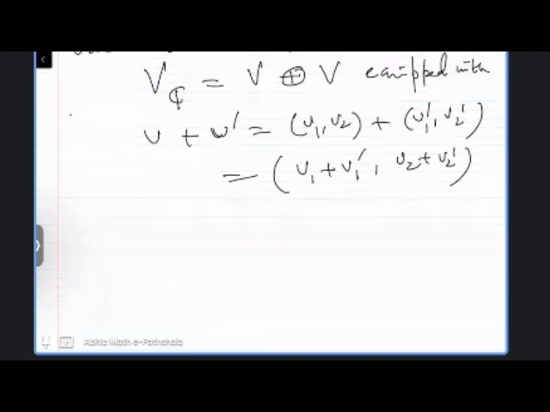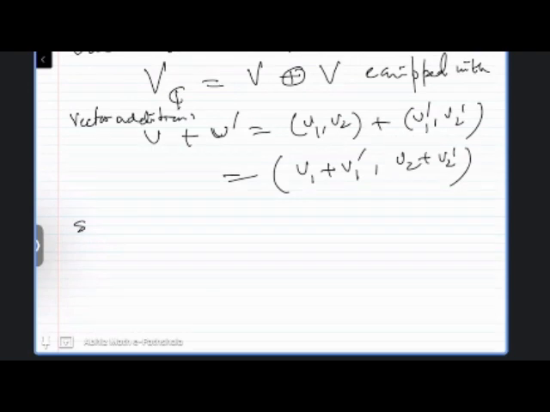Yeah. And so this is your vector addition, right? And what is the scalar multiplication? It has been defined above.